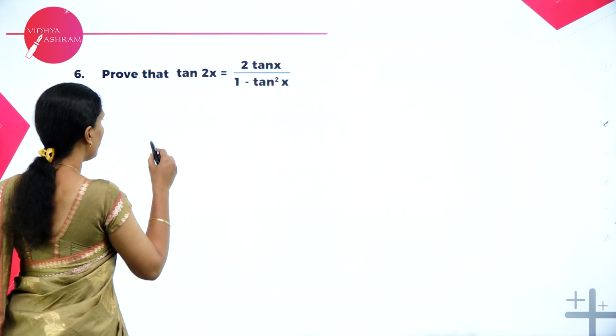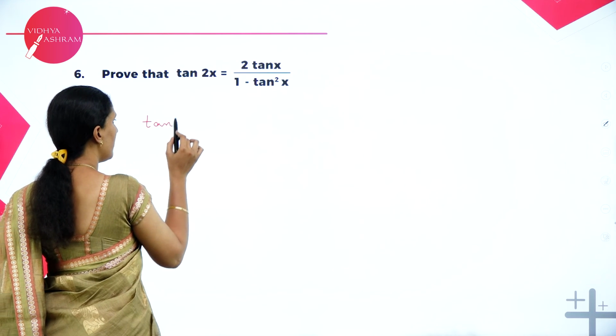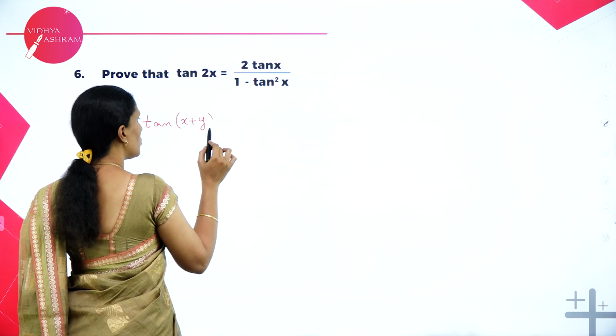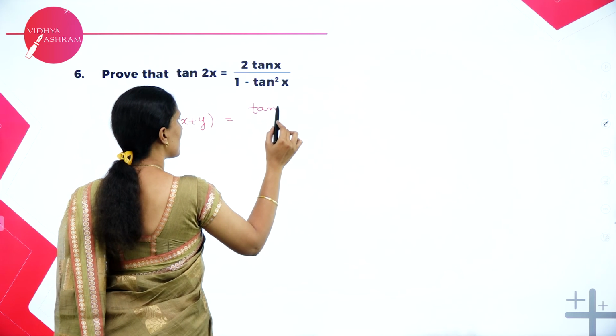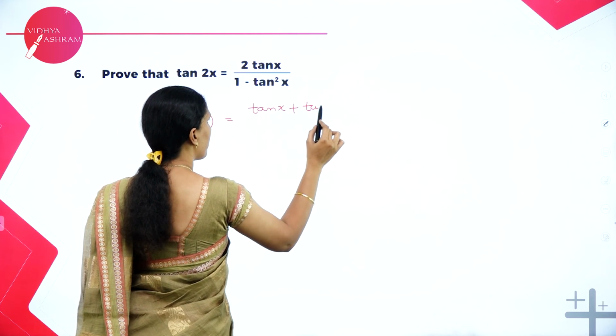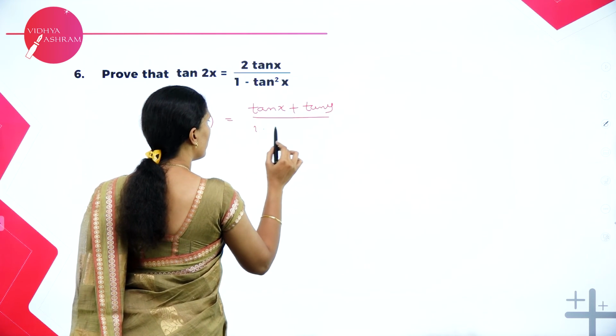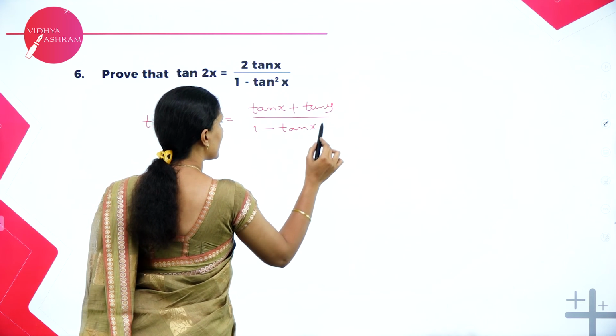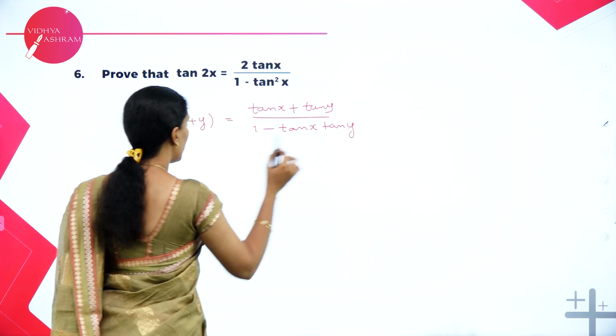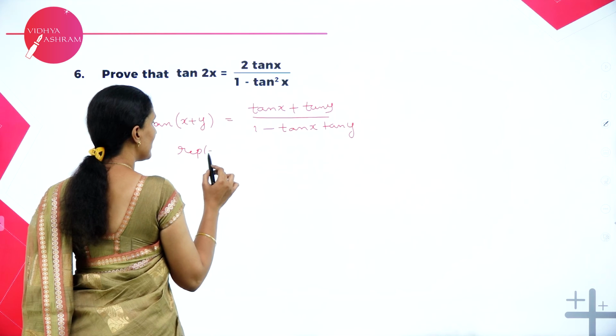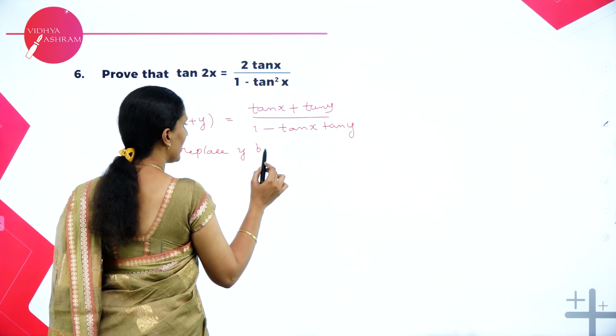Next, prove that tan 2x is equal to 2 tan x divided by 1 minus tan square x. So, we know the formula of tan x plus y, which is tan x plus tan y divided by 1 minus tan x tan y. Here also replace y by x.